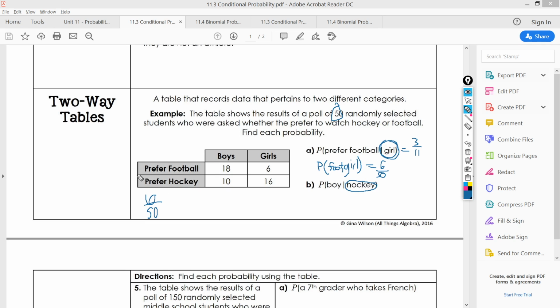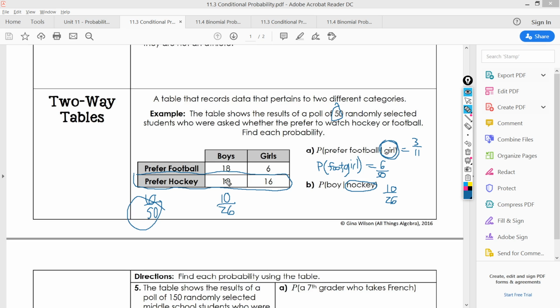If it's given that it's someone who likes hockey, what's the probability of getting a boy? Well, it's 10 out of, how many do I have altogether? 26. 10 plus 16. So that's 10 over 26, which is, again, very different from 10 over 50, right? 1/5 is different from 5/13.